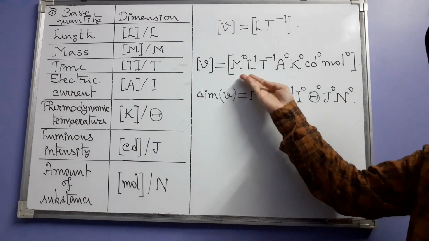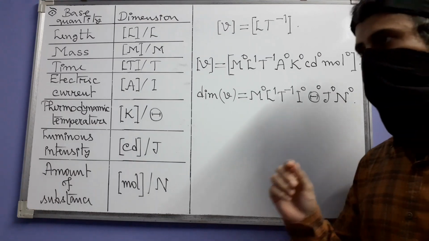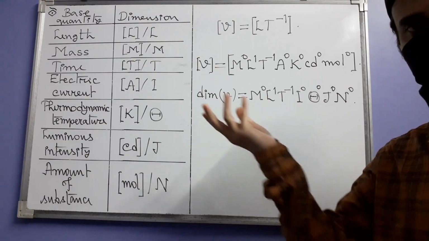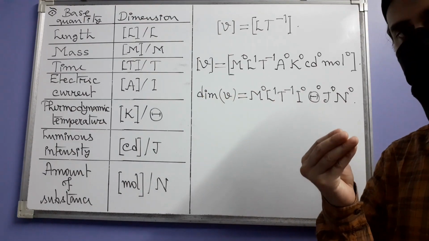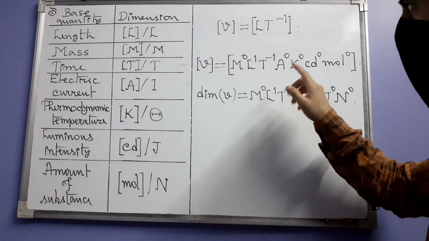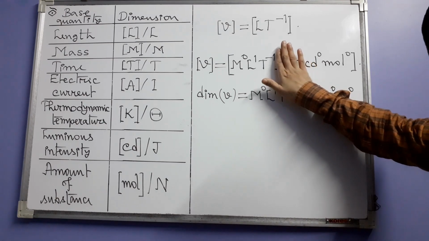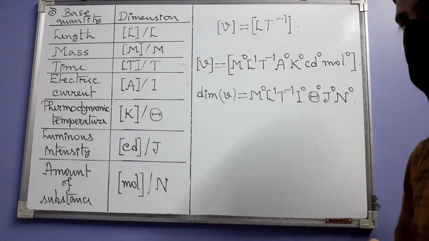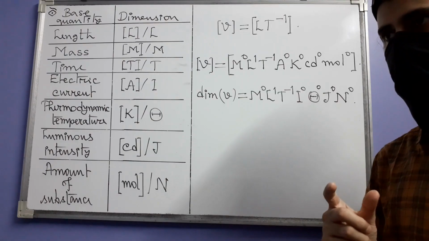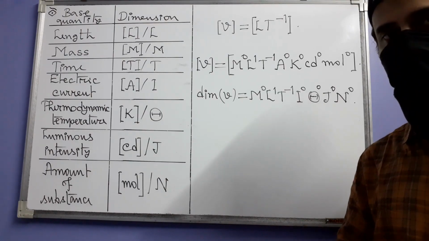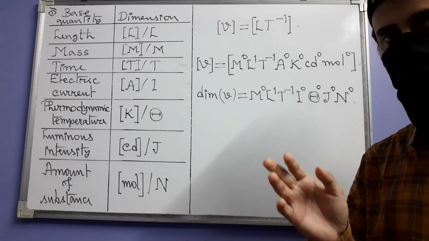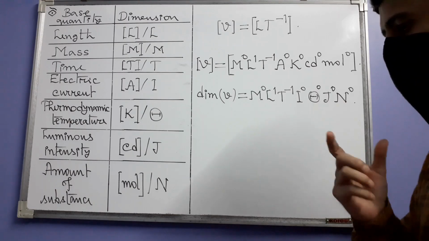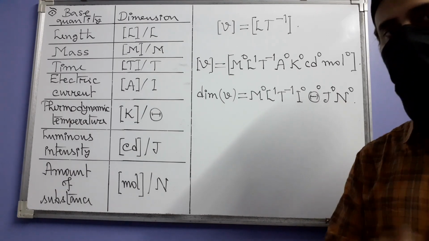Normally we do not write such a cumbersome expression, and especially when other quantities do not have any role to play in the dimension of the quantity that you are considering. However, still sometimes we omit this part and keep M. Okay, M, L and T we keep in places where mass becomes important. In velocity, mass has no role to play in this context, but elsewhere you will have mass playing some role.